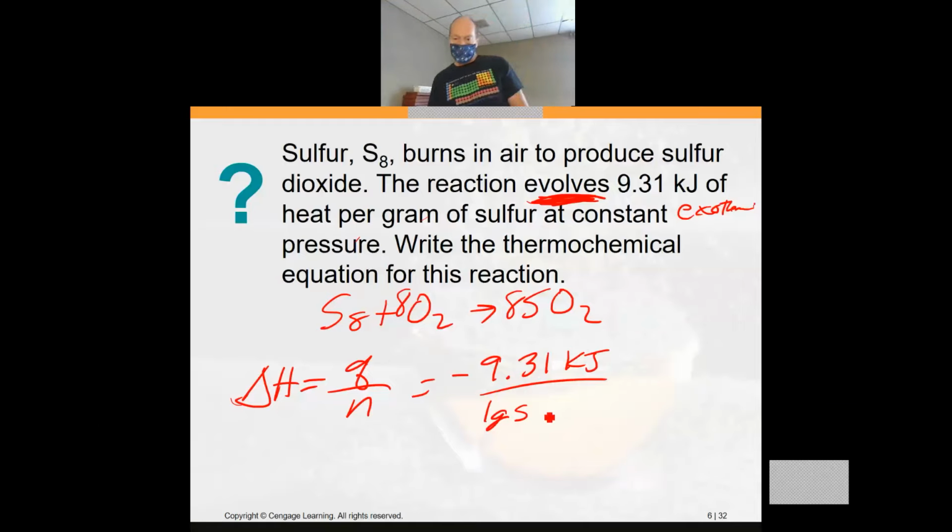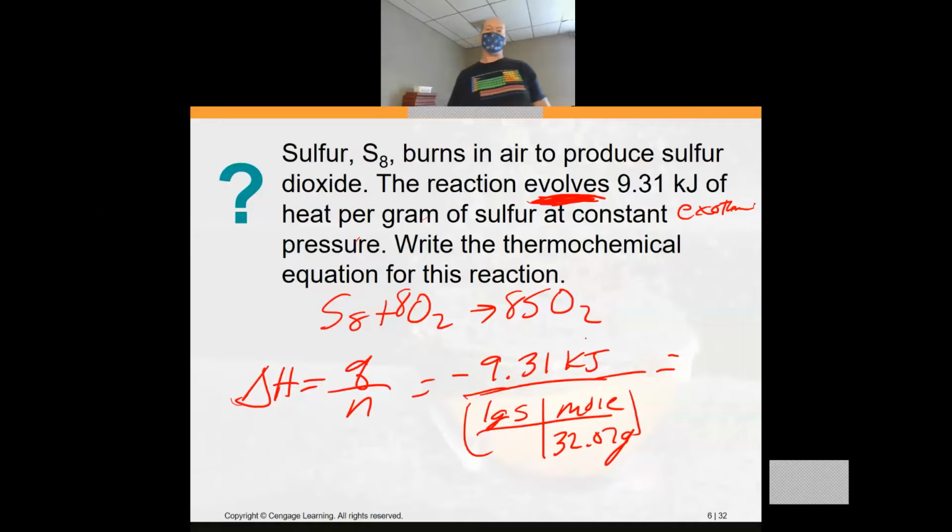We don't want per gram, we want per mole. 32.07 grams per mole. And now we have our delta H. To write it as a thermochemical equation, you put a semicolon and then you put that number, delta H is negative, and then whatever you get for this.